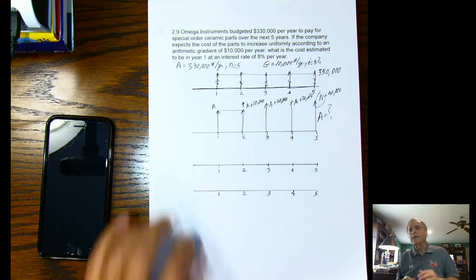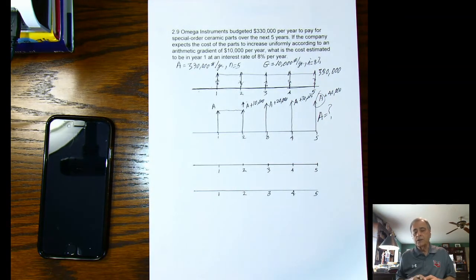So that A is the question mark. Remember when we had a series like this, it's called a combined series. It's basically a uniform series plus a gradient series, an arithmetic gradient series.